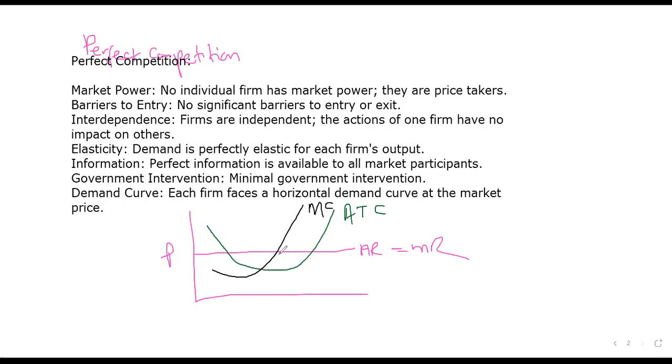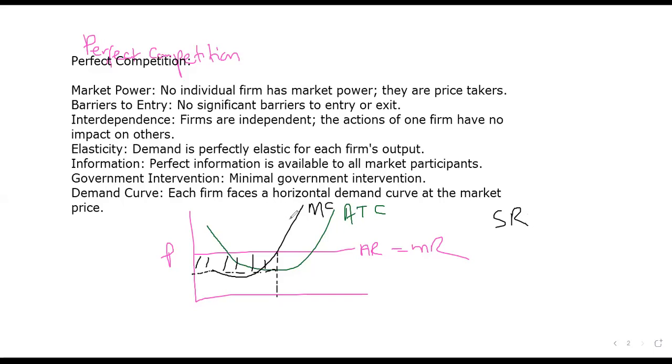Profit is maximized when marginal revenue is equal to what? Marginal cost. So this here is our economic profit. So this is in the short run.